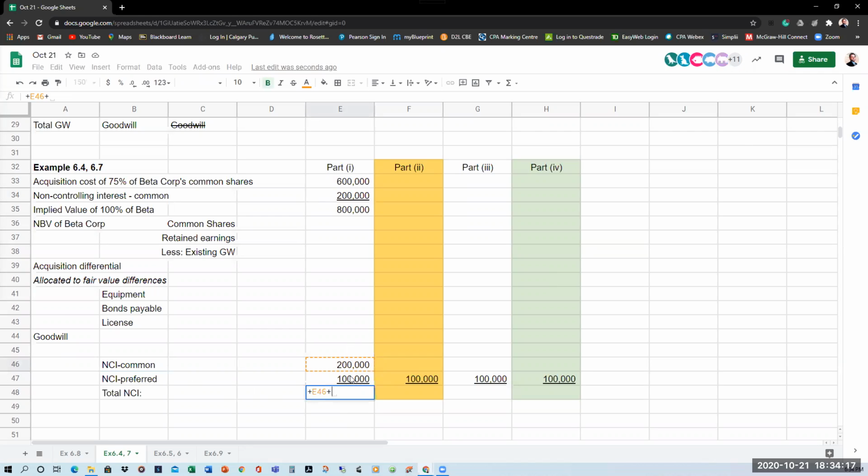So that adds up to $300,000 total. Is that understood, folks?